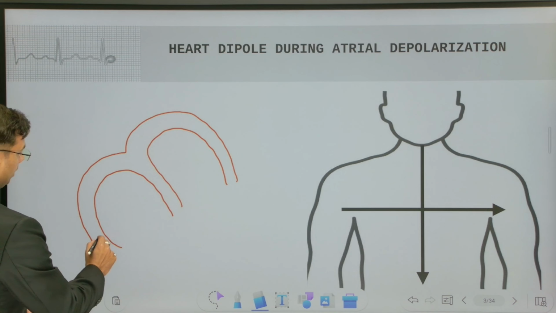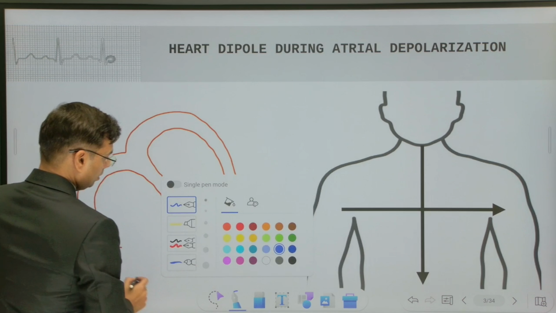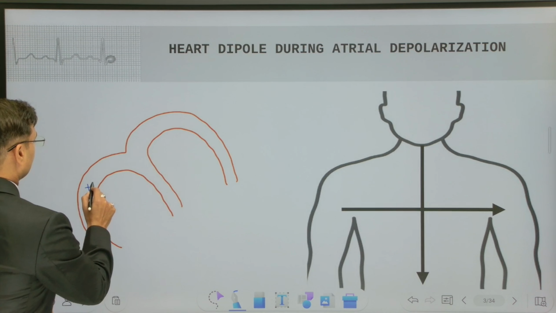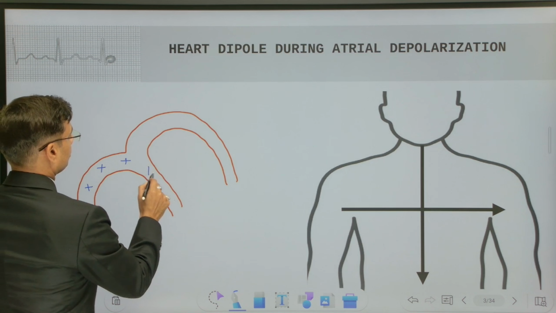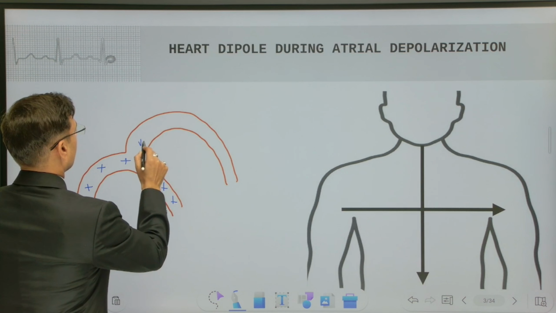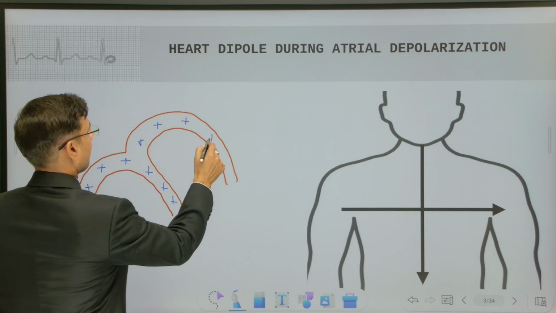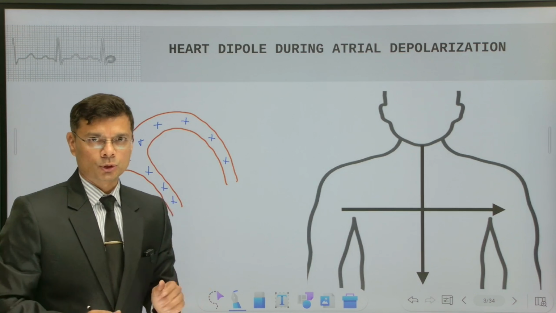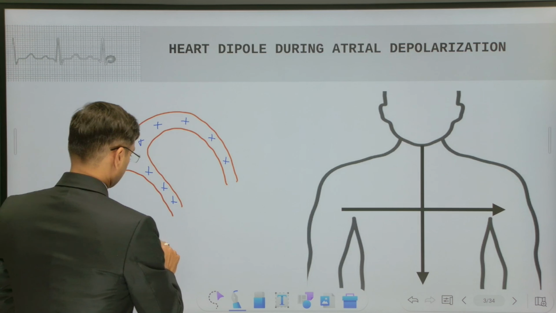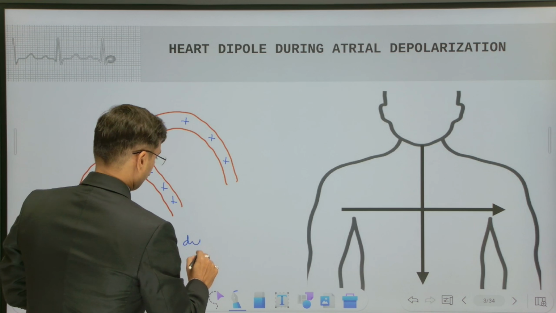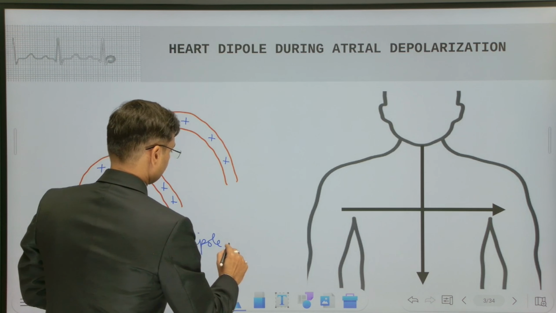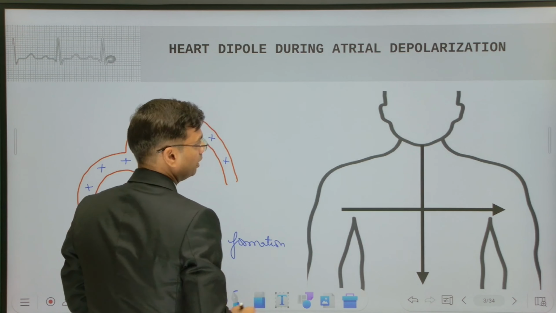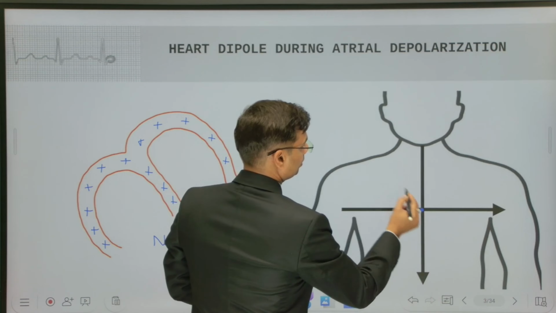So I am marking the charge outside the membrane. It is positive. So we can say there is no dipole formation at this stage. In the polarized state, there is no dipole formation. We will take this as a zero dipole.